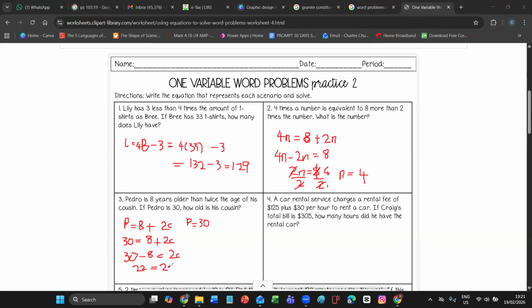So we can just divide both sides by 2, and we'll come up with 11 for C. 22 divided by 2 is 11. All right. So we have that C equals 11. Okay. So let's move on.